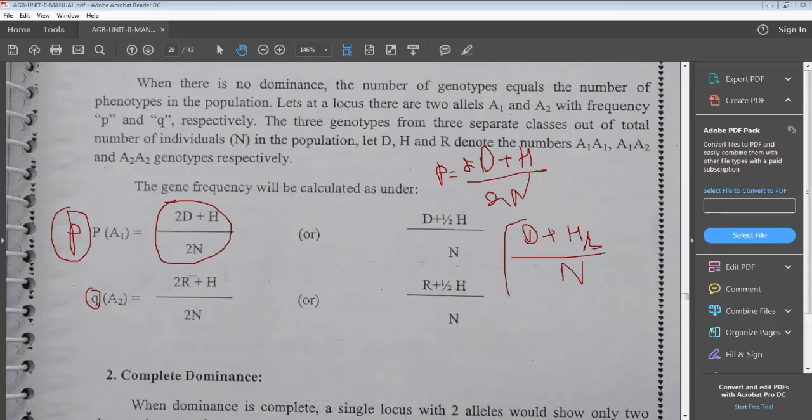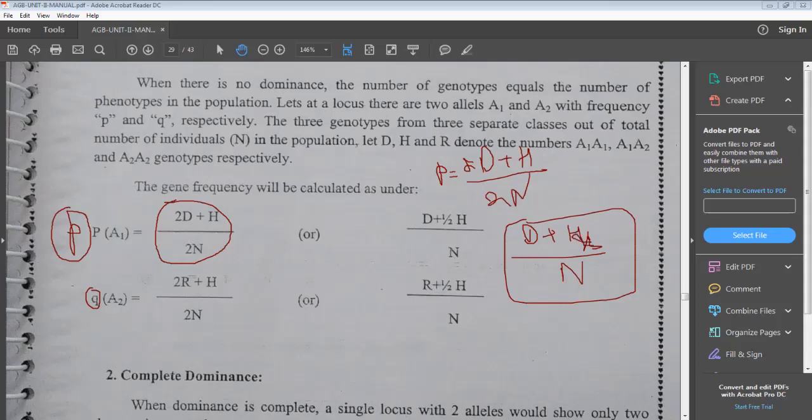How do we get this formula? We divide these all by 2: D by 2, H by 2, N by 2. This 2 will cancel with this 2, and H by 2 will come here.